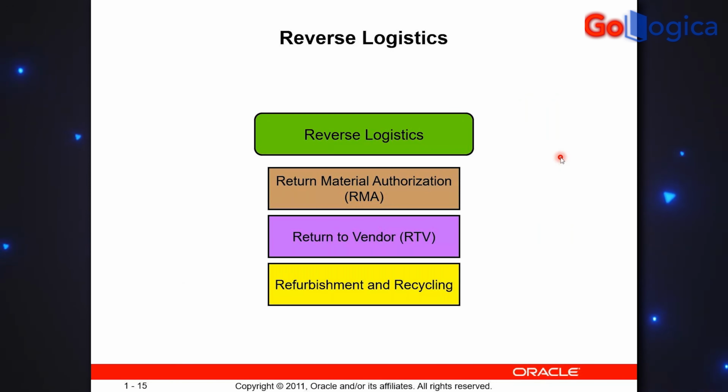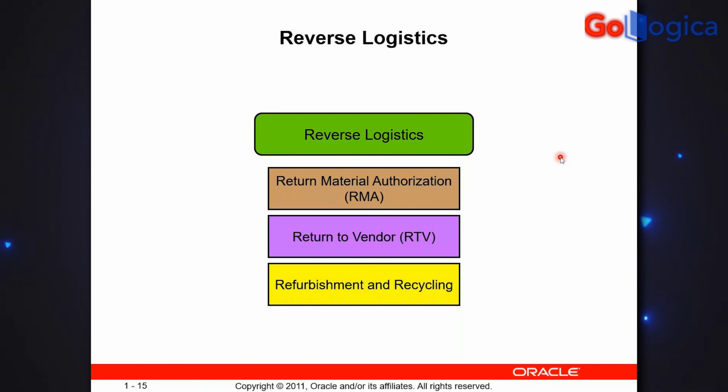Coming to reverse logistics, as the name suggests, you'll have here RMA, then return to vendor, and then refurbishment and recycling. RMA we have already discussed in detail. RMA is return material authorization. Anything coming back to your warehouse from your customer, you need to receive it, and if you want to reuse it, you have to refurbish or recycle it and then make it eligible for picking again.